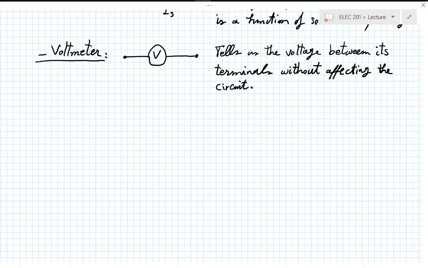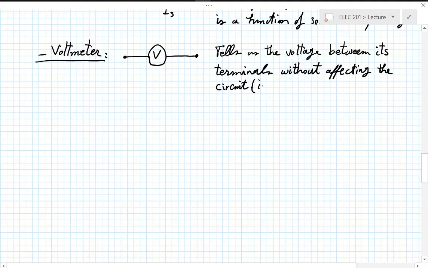Which means it should not draw any current. So when you connect it to something else, whatever nodes and branches you had there, and they had voltages and currents passing through. Now, if you connect this, there should not be any current stolen from those branches to go through the voltmeter, because if that happens, it means the rest of the circuit has been affected. So it should be able to show you what the voltage is between its two terminals without drawing any current.